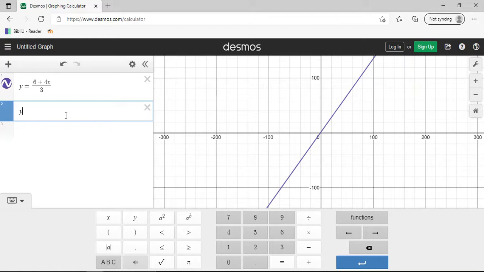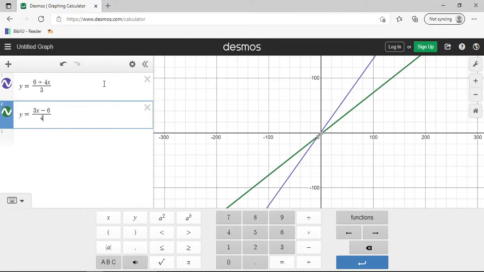Now we go here to the inverse. The inverse, we'll still put y is equal to, then we add 3 divided by, then we'll come back up here and put our x minus 6, and then in our denominator, we will have 4. And you see we have our two values here.